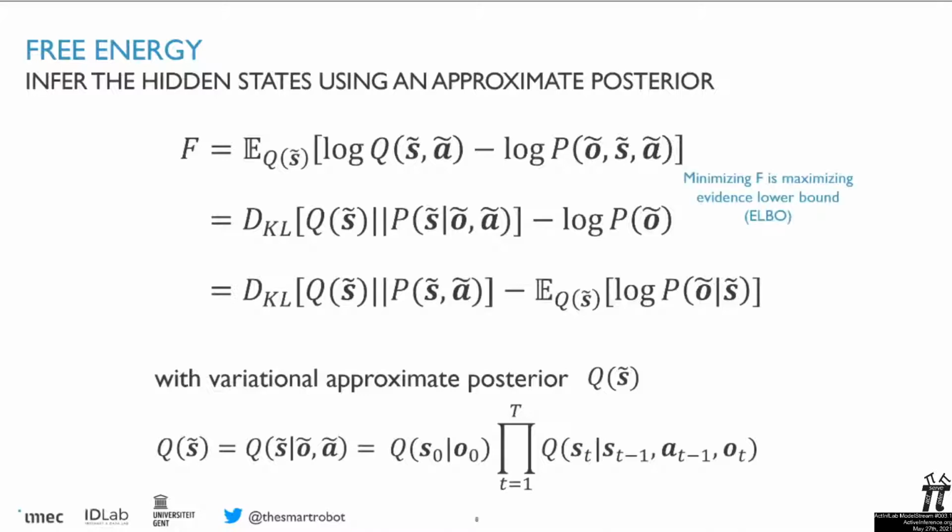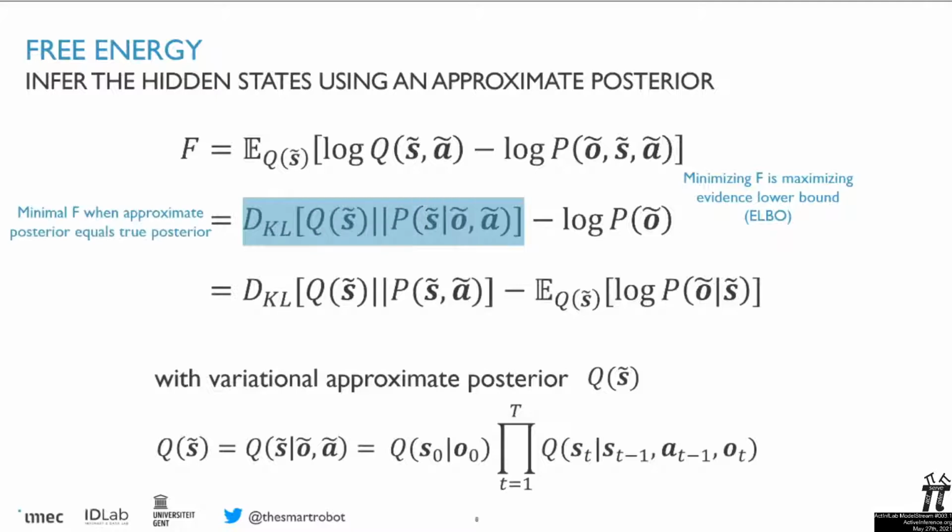The first way is by stating that minimizing free energy is maximizing the evidence lower bound. And if you're at this free energy minimum, then your approximate posterior equals, or is very close to, your true posterior.